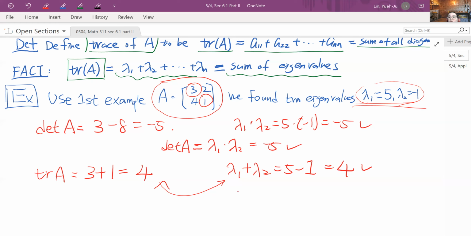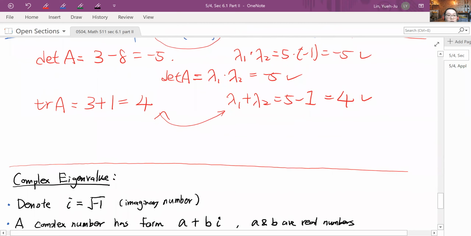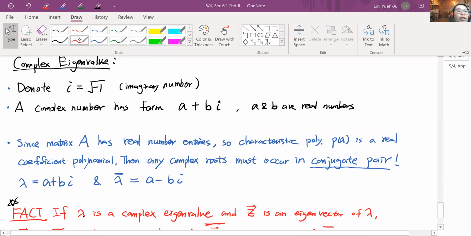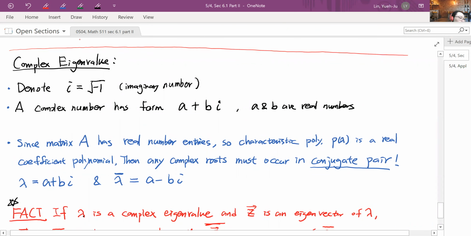After here, you already have everything for the exam, so I want to quickly go over the case of complex eigenvalues. First, in order to talk about this, I need to tell you what a complex number is.